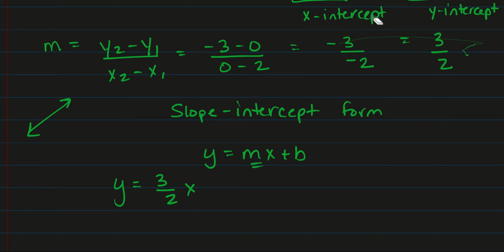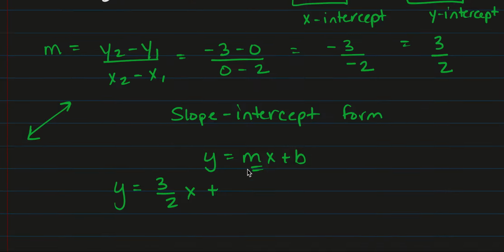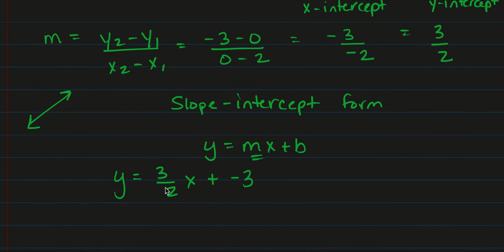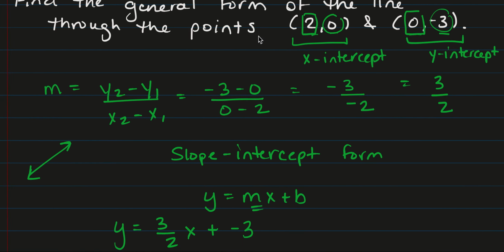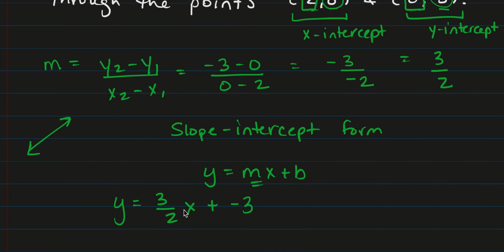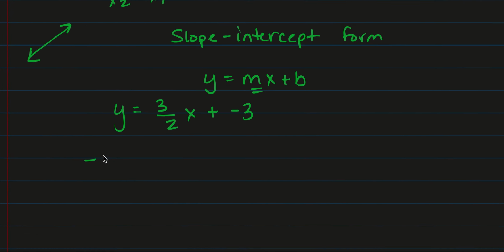And then plus b, which happens to be -3. So this is the slope-intercept form, but remember the directions say find the general form. So what I need to do is move this x to the other side. So I'm just going to subtract 3/2 x, and then this is in general form.